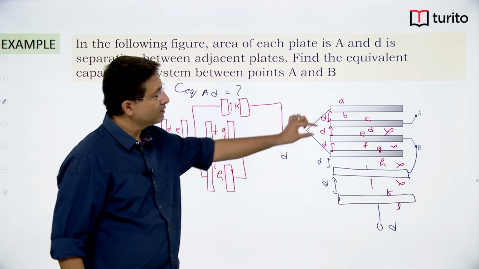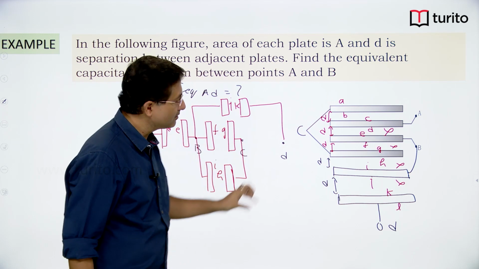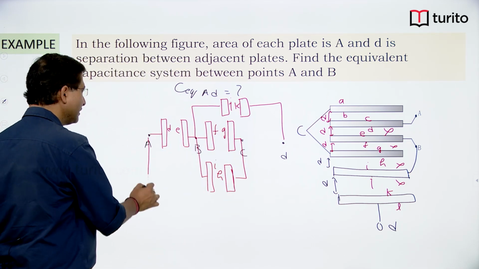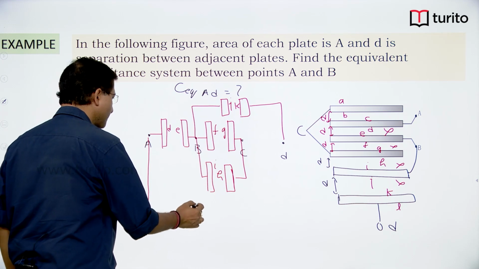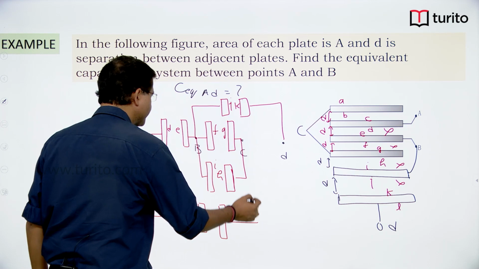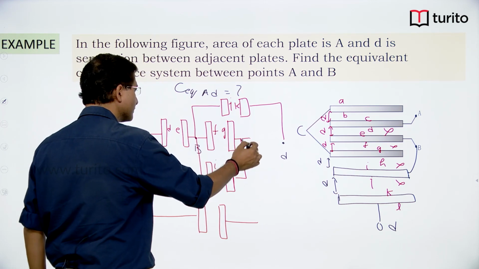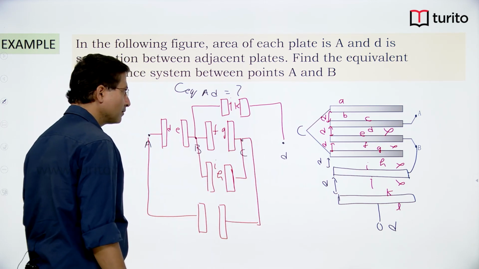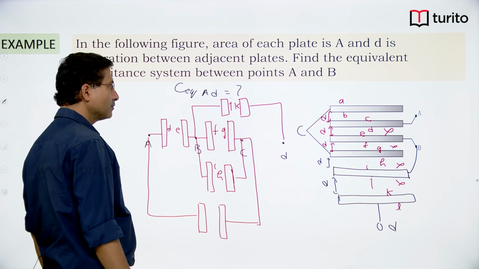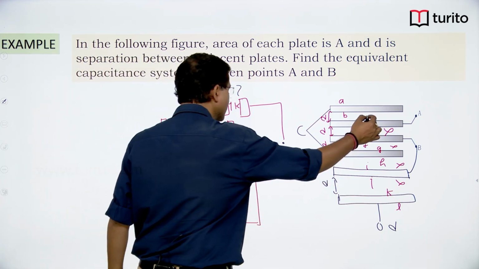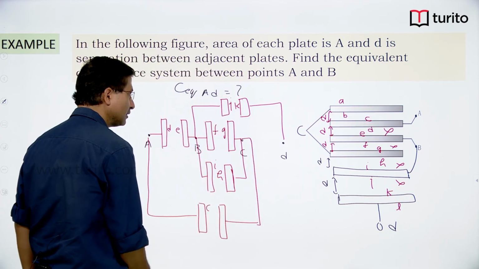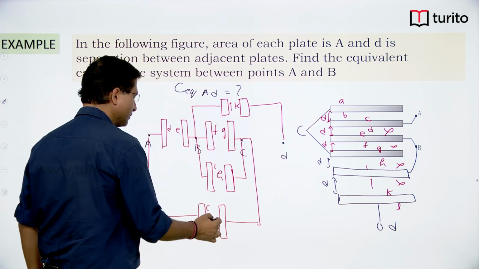Only one is left, that is between A and C. So between A and C, A and the facing one is C. C is facing B.